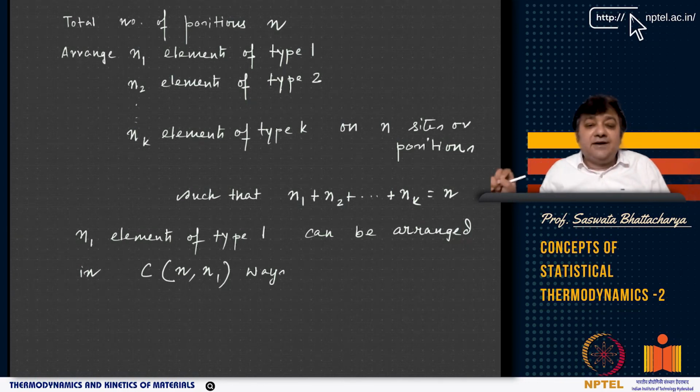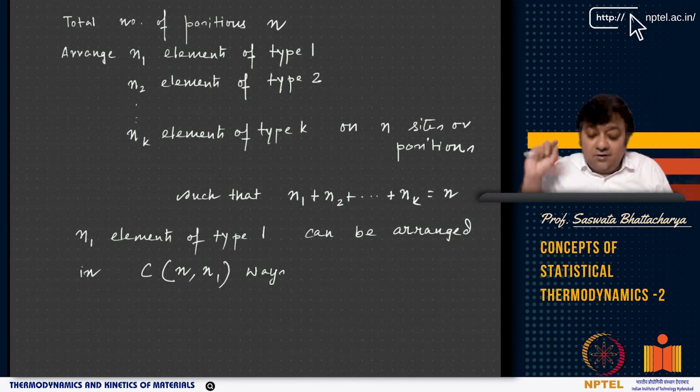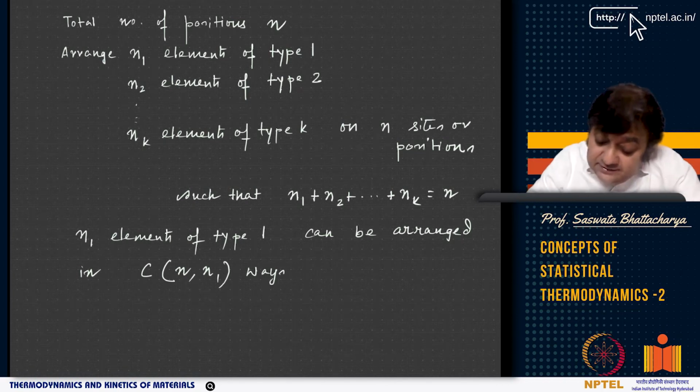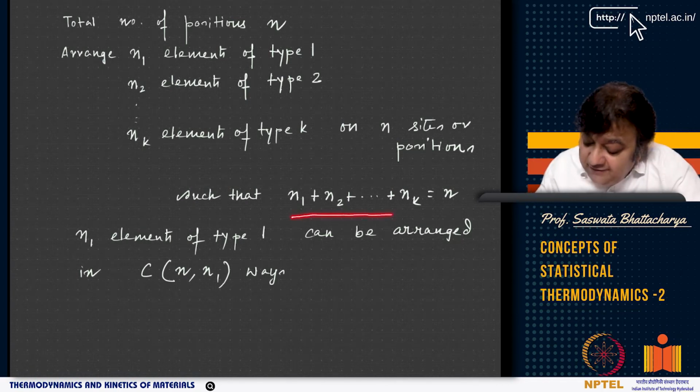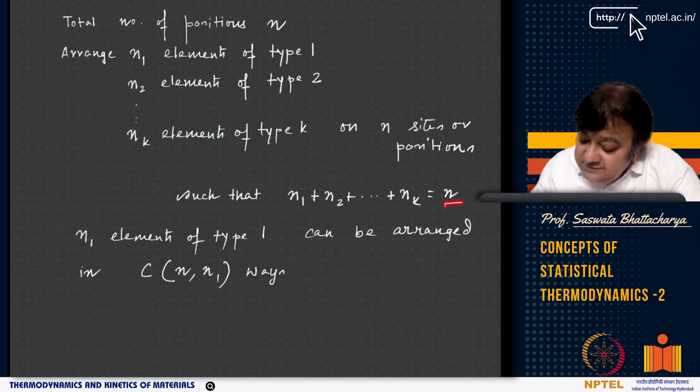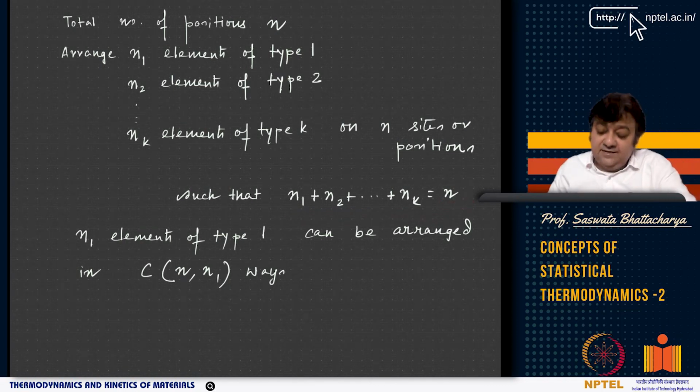So no site is vacant, and all these elements occupy the sites. This is called a constraint: the sum of the numbers of elements of different types is equal to the number of sites.